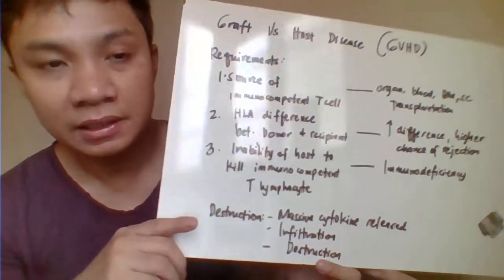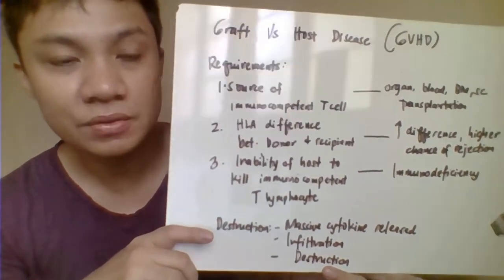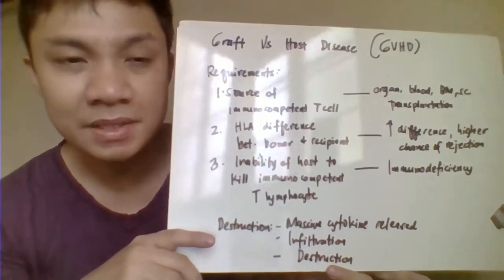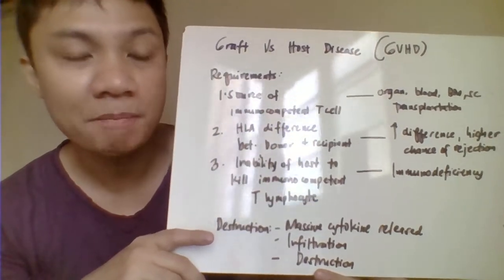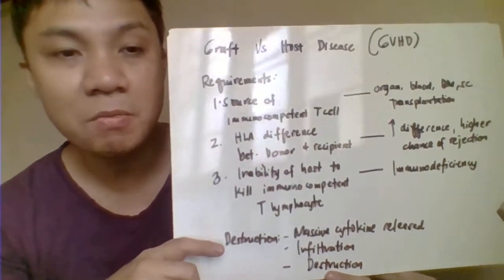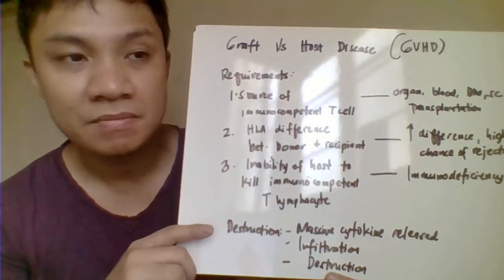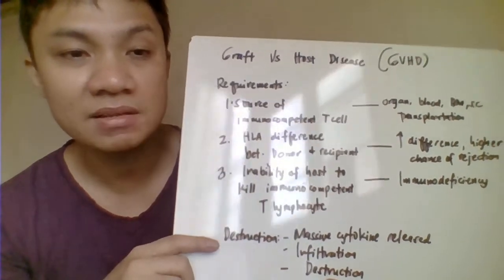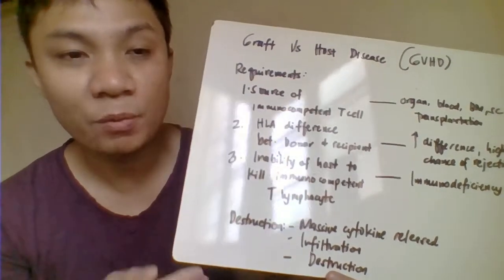So your organ, your tissues, or blood or stem cells become the source of your immunocompetent T lymphocytes. Then the second factor will be the difference between the HLA of the donor and recipient. So it should be compatible with one another.